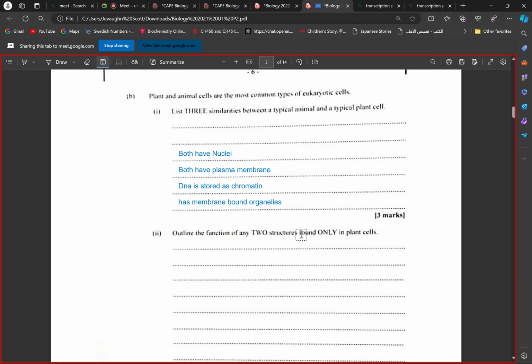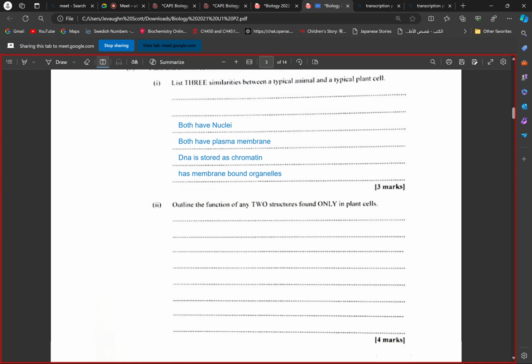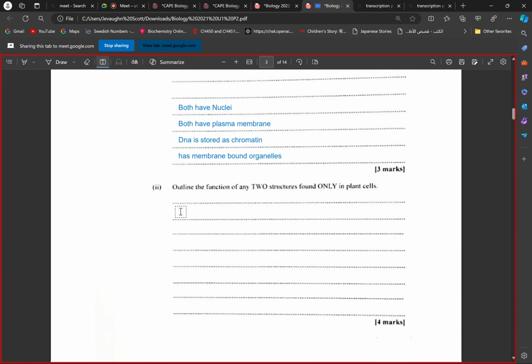Okay, moving on. Outline the function of any two structures found only in plant cells. Cell wall. What is the function of the cell wall? It controls what enters and exits.